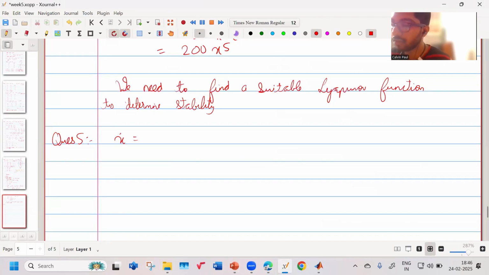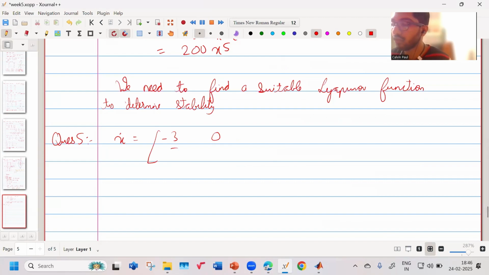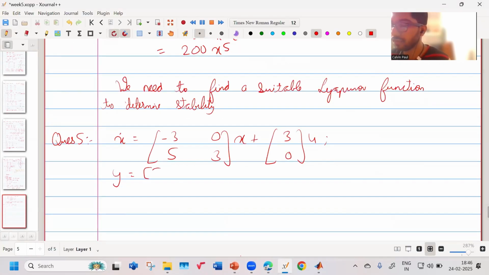x dot is equal to [-3 0; 5 3]x plus [3; 0]u, and y is equal to [5 2]x plus 10u.